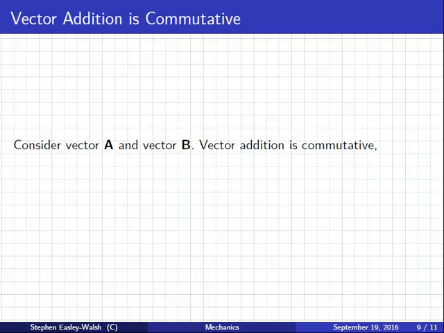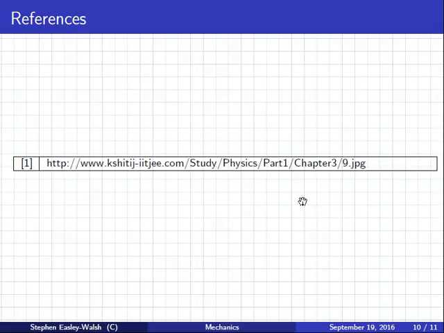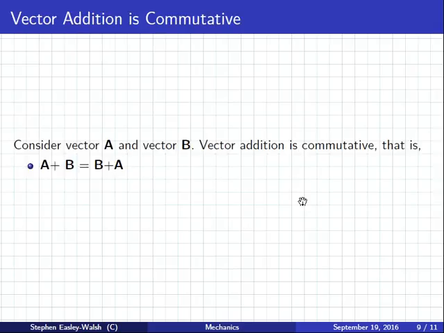So commutative means in maths that A plus B is the same as B plus A. So if you have vector A plus vector B, that's the same as vector B plus vector A. That's not really surprising. And that's the only point I wanted to make at the end there. So the order doesn't matter for how you add vectors. I think it's good to write this word down because it's a new word, commutative. A plus B equals B plus A.